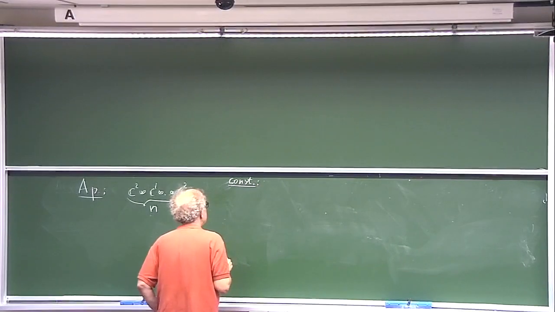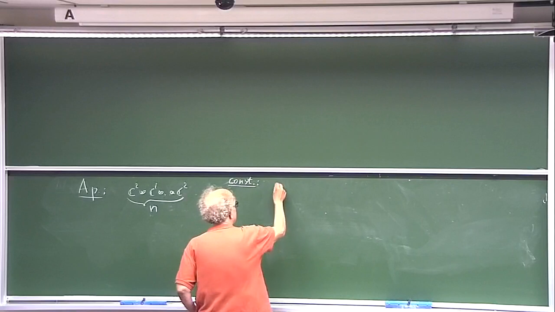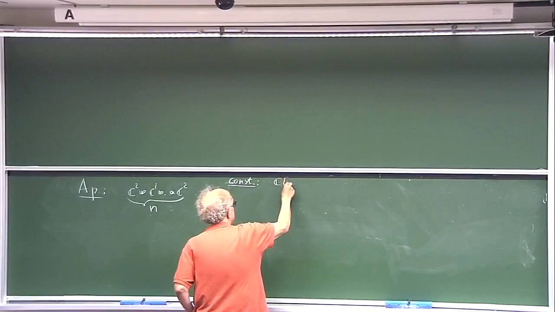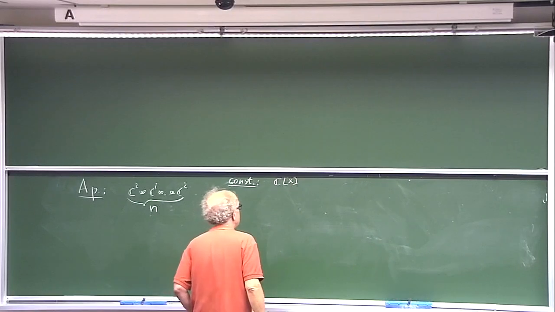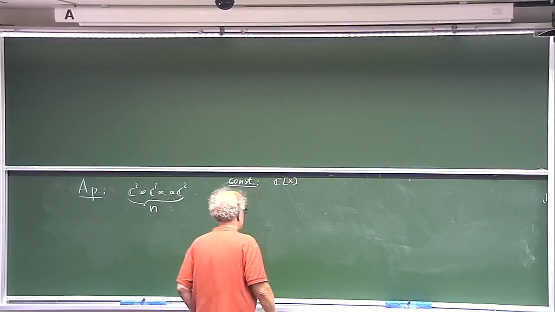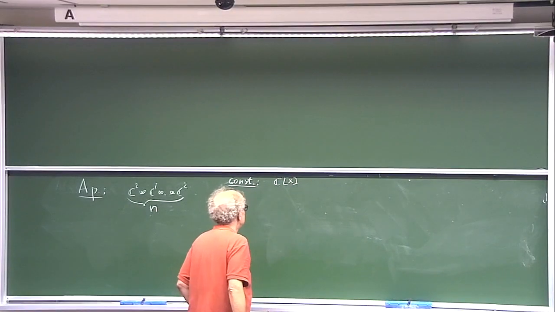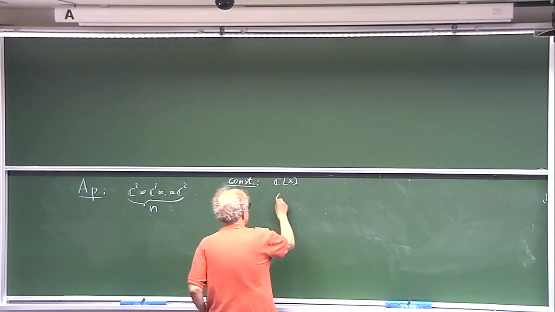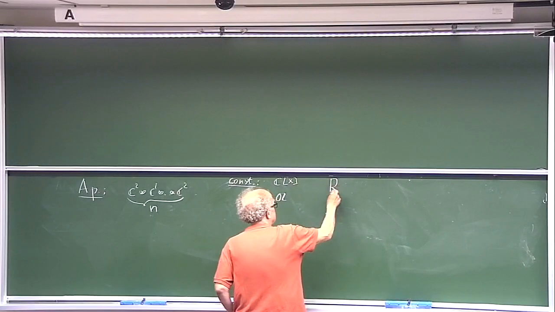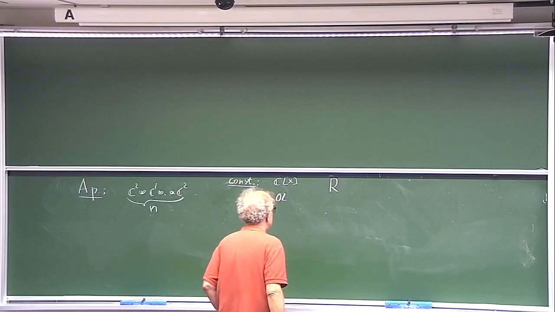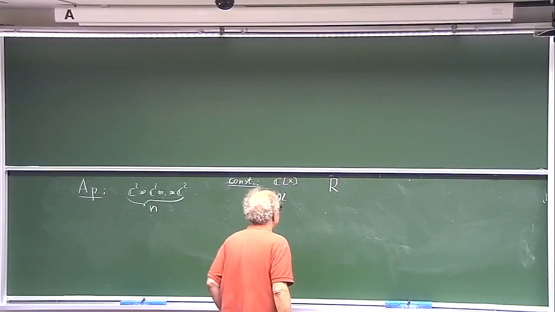I take an abelian algebra, a Lie abelian algebra, and in my simple case it is this. It was A, and I took a representation of this abelian algebra.